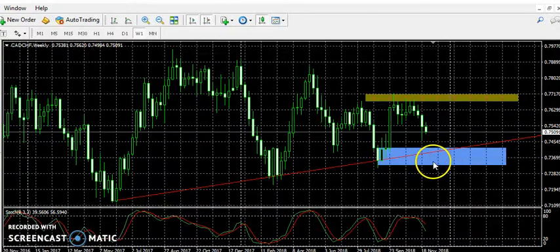If it breaks the trend line, invalidating this demand level, then we would have supply created in this area for further downside. If it doesn't break the trend line, then the trend line would be respected and demand would be created here for further upside into supply.